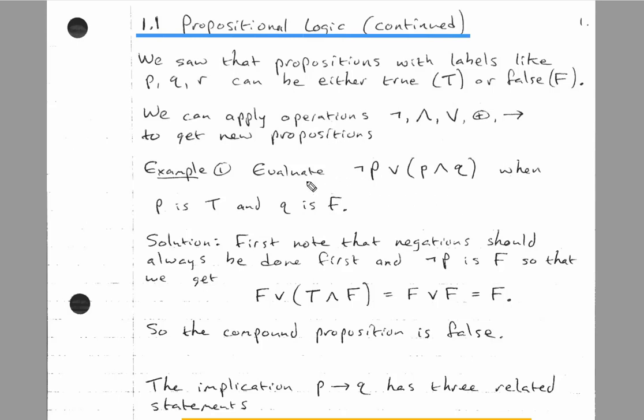Alright, so it's very similar to evaluating algebraic expressions by putting in numbers. Just the difference here is we have different kinds of operations, and the variables are either true or false.